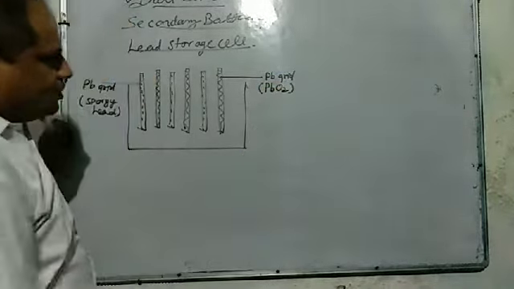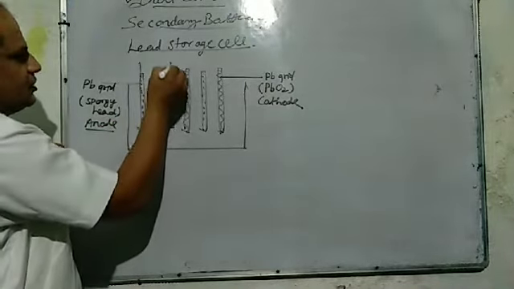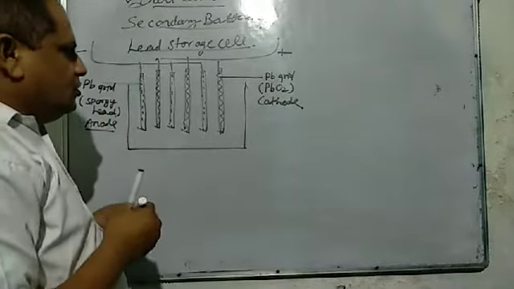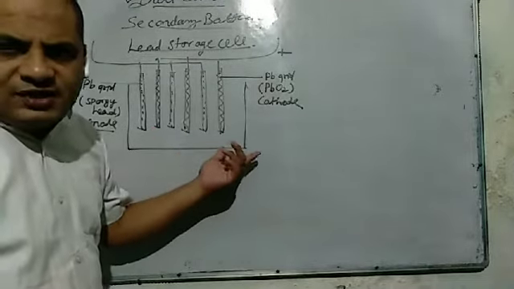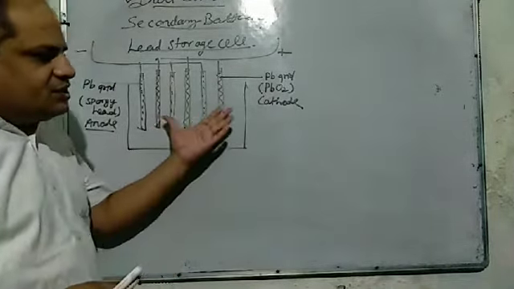All the anodes are connected in series. Similarly, all the cathodes are connected in series. This arrangement in the form of many cells provides a large surface area for the electrodes, so their current producing capacity increases.